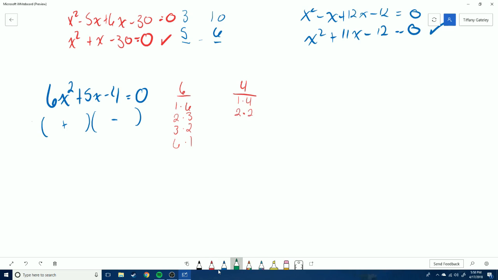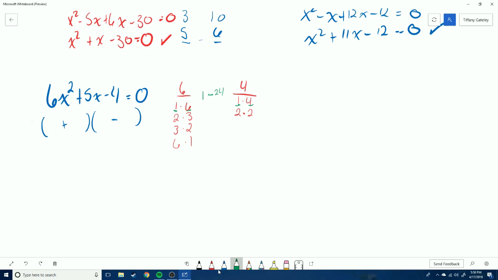Okay, so then we're going to look at this, and we're going to do 1 times 1, which is 1, and then minus 6 times 4, which is 24, and that does not equal 5.